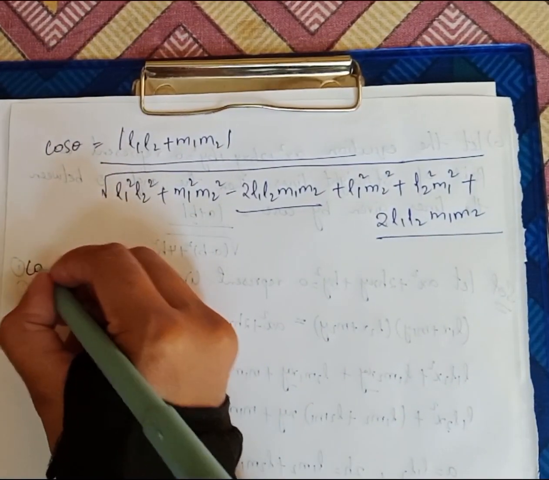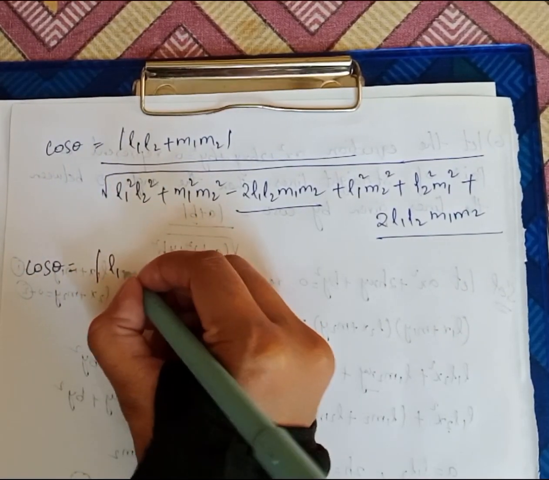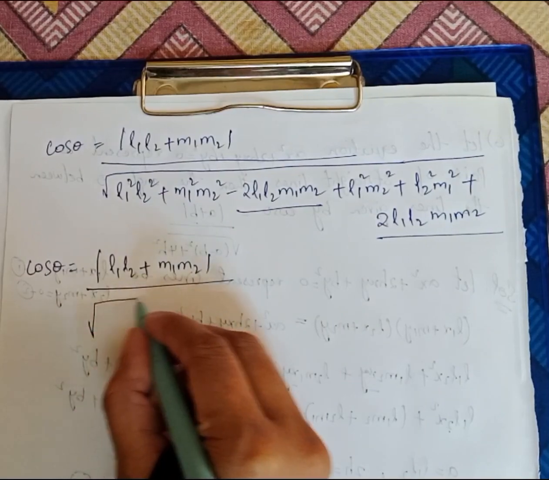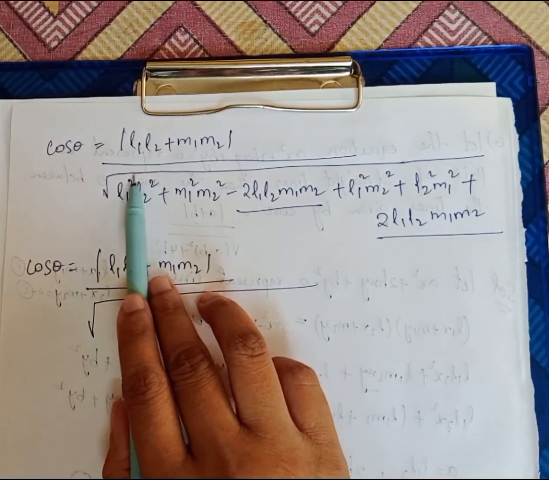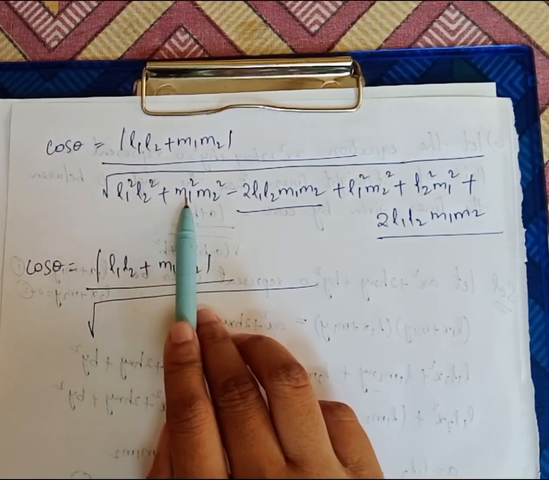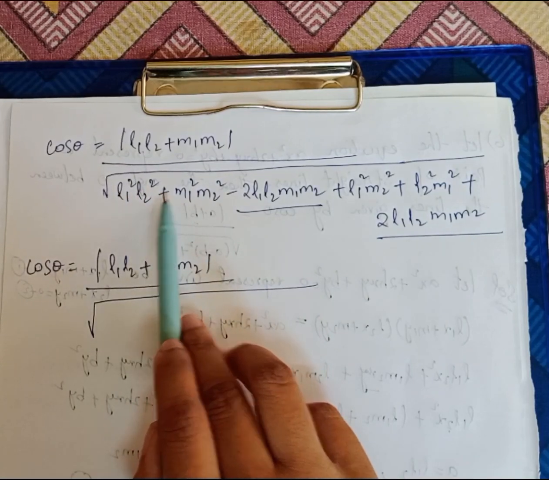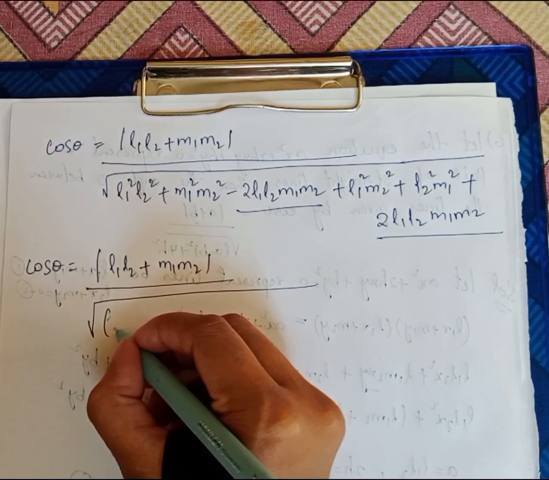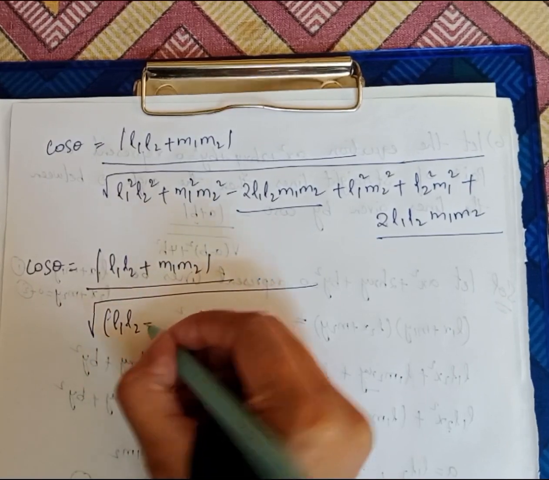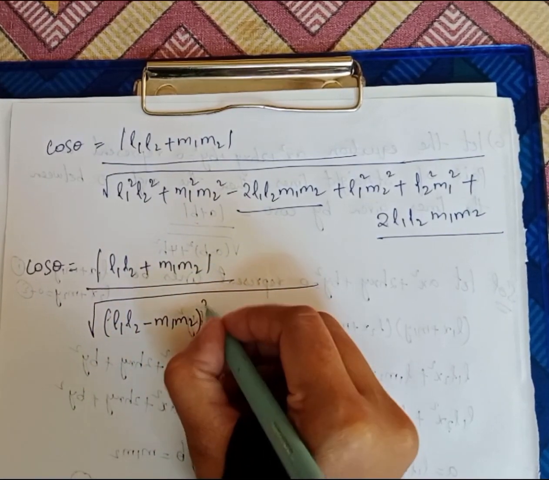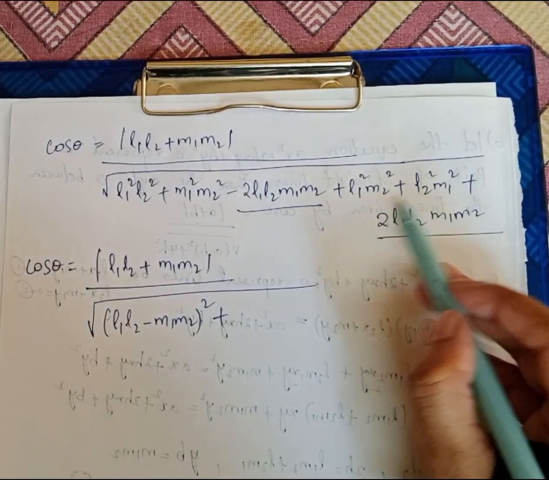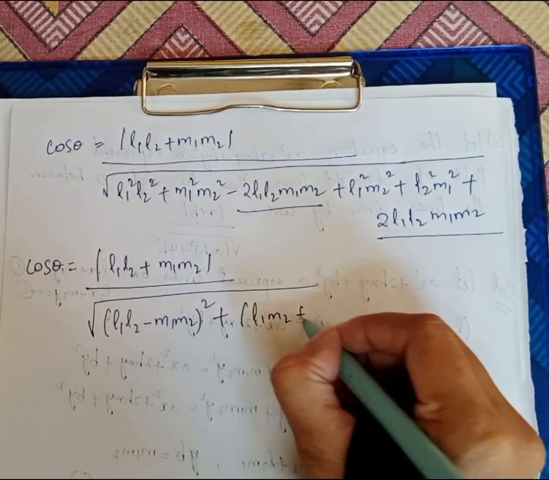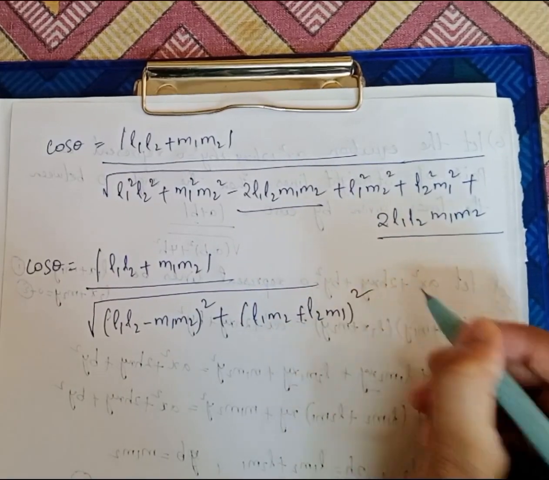So cos θ = |l1l2 + m1m2| / √(...). This whole term we can write as whole squares: a² + b² − 2ab is (a − b)², so it is (l1l2 − m1m2)². Similarly, this is the (a + b)² term, so it is (l1m2 + l2m1)².